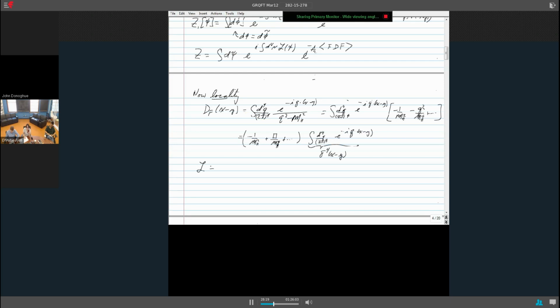Okay, so we've just taken the q squared piece and replaced it by box acting outside. This guy, of course, is a delta function.